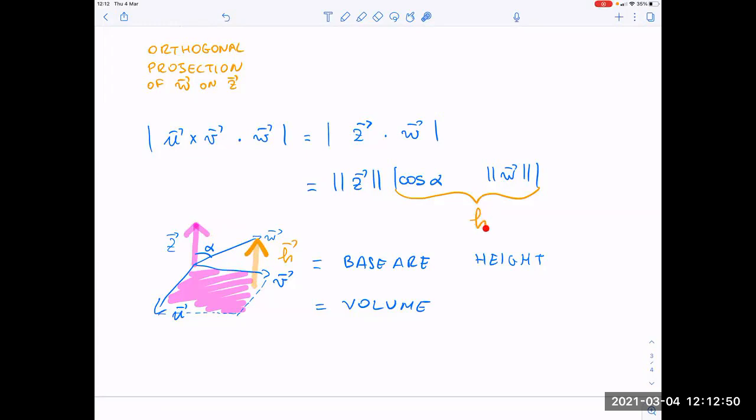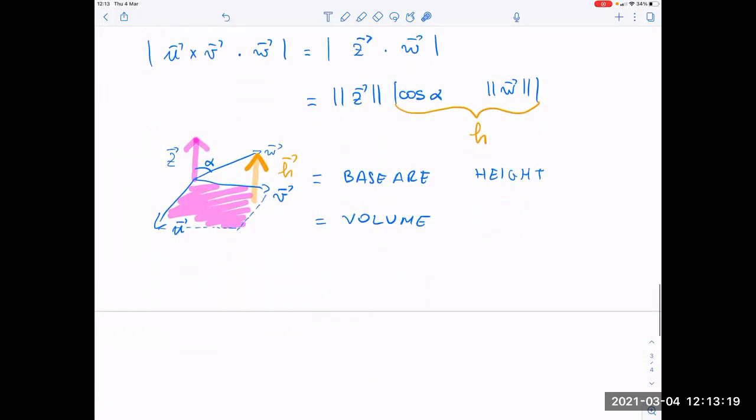The absolute value makes it positive, multiplied by the base area, you get the volume. If you remove this absolute value, what can happen is that this cosine can be negative if the z is pointing down, for example. So you will not get the volume, but minus the volume. Okay? I hope it is clear. It's always difficult to make these three-dimensional pictures, but I hope it is clear enough.